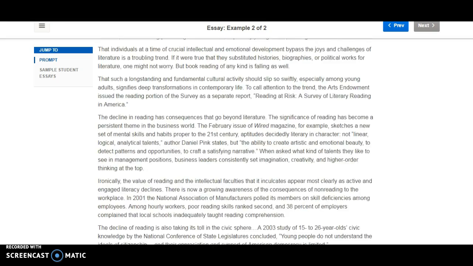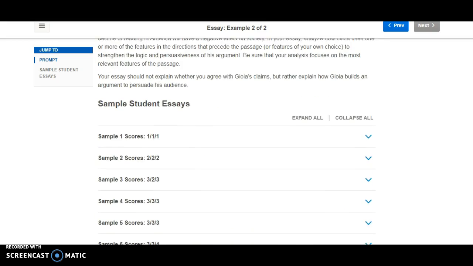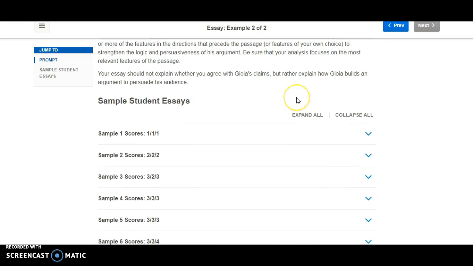They're really pointing you to those things as what you should be analyzing or breaking down.